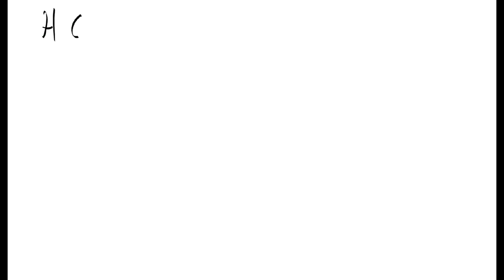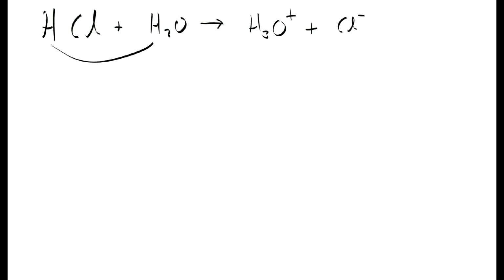So what you're really getting when you drop HCl into water is this reaction. The water is accepting the acidic proton to become hydronium. And that is what you actually find floating around in solution.